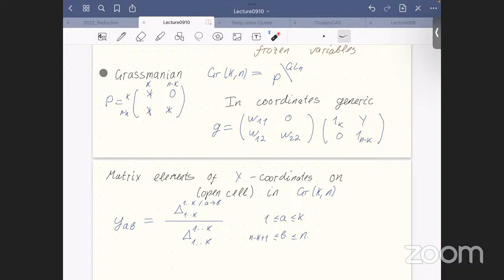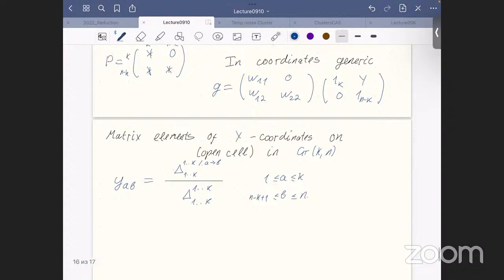Coordinates on the affine cone of the Grassmannian are minors. So Δ_{ij} is a determinant of the submatrix of the matrix. And these y's are certain ratios of these coordinates.